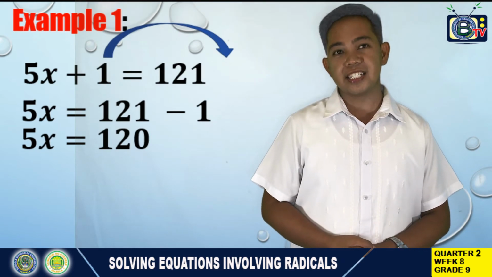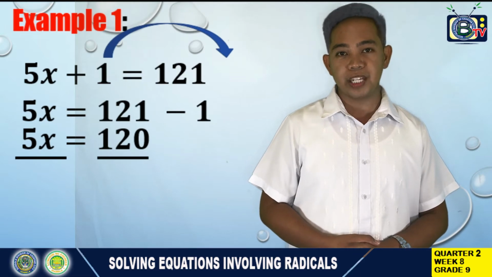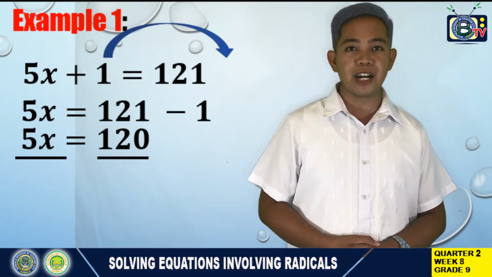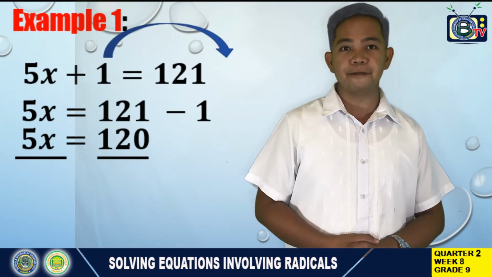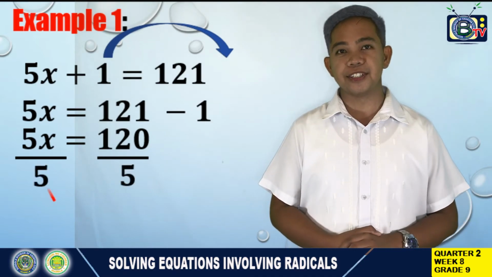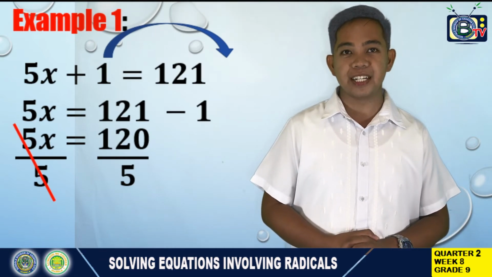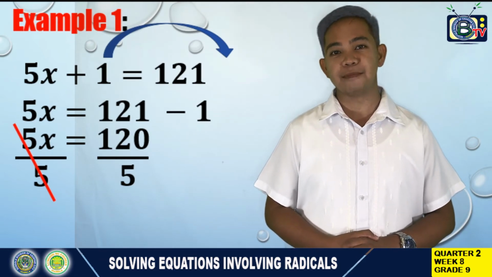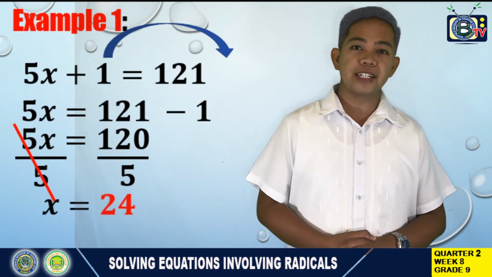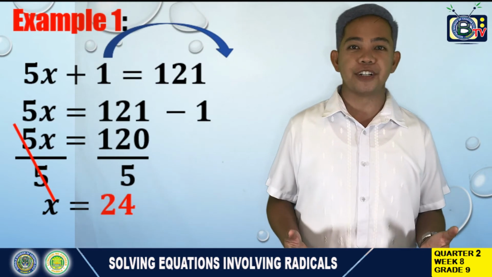In this case, we can now divide both sides by 5 so that we can find the value of x. Divide 5 on both sides. Apply cancellation on the left side of the equation and simplify 120 divided by 5. So, the value of x is equal to positive 24.